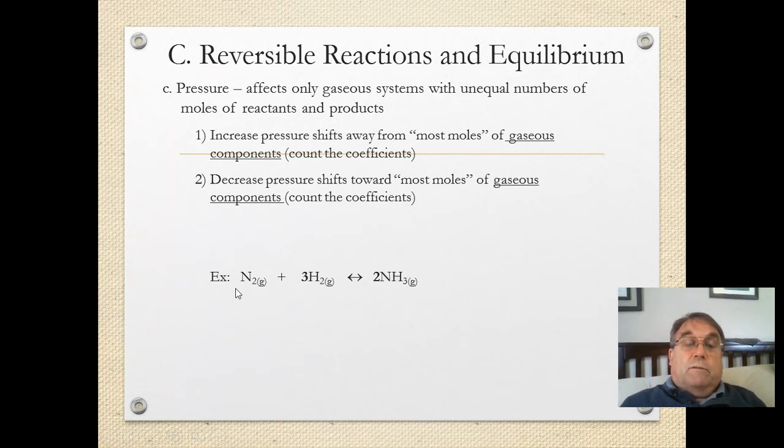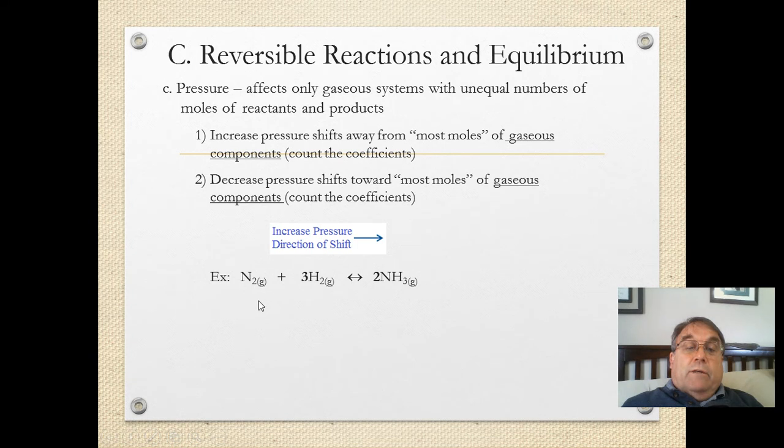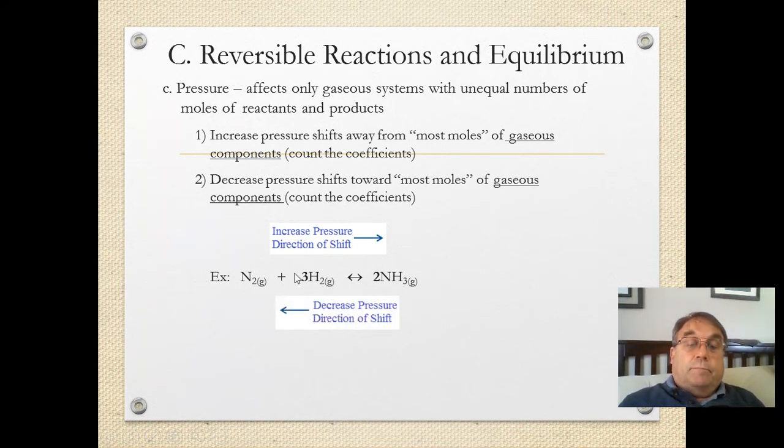There's the most moles of gases on this side, so it would shift away from that. Increase, and you shift away from the increase. Whereas a decrease in pressure shifts towards where the most moles are. So a decrease in pressure shifts back towards the reactants.